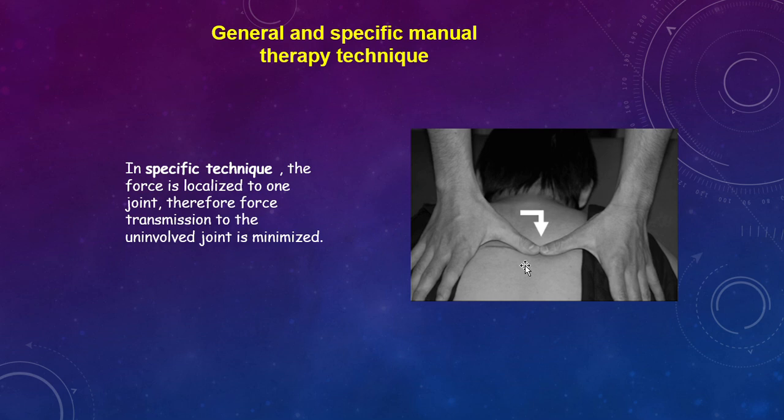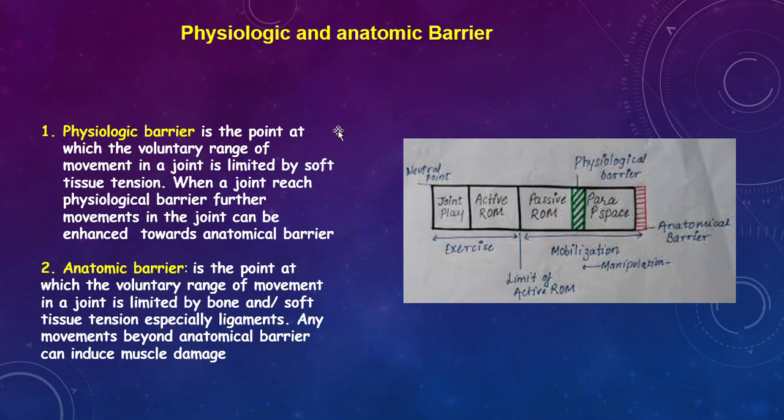So no other joints will be affected at the same time. So such a technique is said to be specific. In a specific technique, effort is located to a specific joint, and the uninvolved joint is not affected to any reasonable extent.